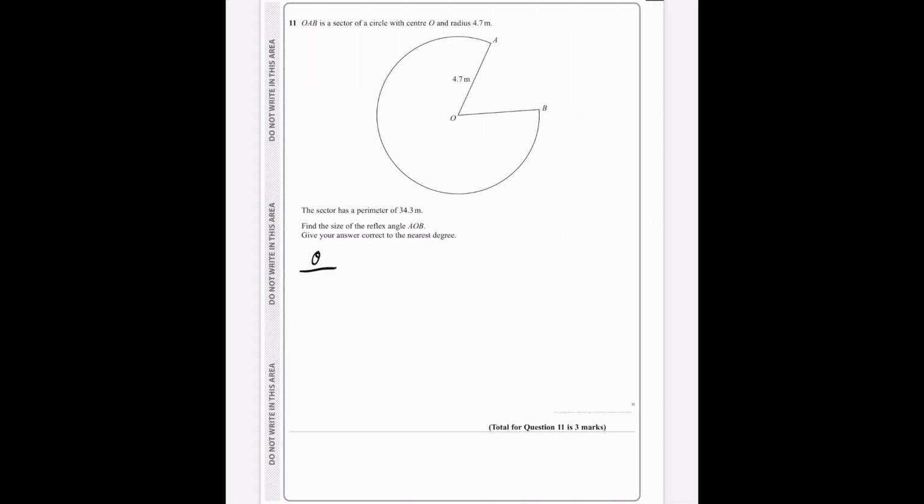Question 11, theta 360ths of 2 pi r. Theta 360ths of 2 pi times the radius plus 2 lots of the radii will be equal to the perimeter of the shape, 34.3.